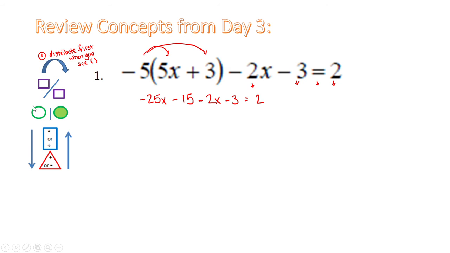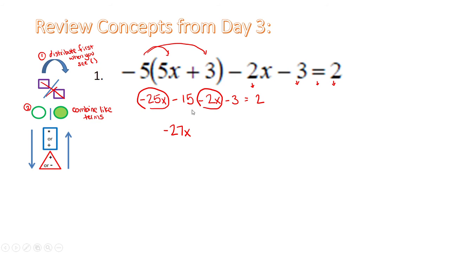Now next, if we follow the order of these steps, we're not going to need to clear our fractions because we don't have fractions in this problem, but we are going to need to combine like terms. That's what these circles mean. So our like terms right now are the -25x and the -2x, and they're on the same side of the equation. So when we combine them together, we're just doing -25 minus 2, that becomes -27x.